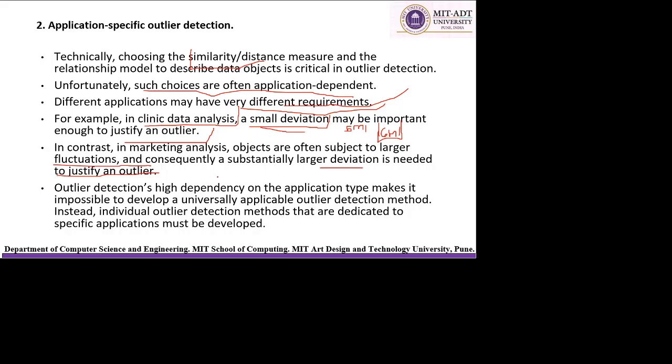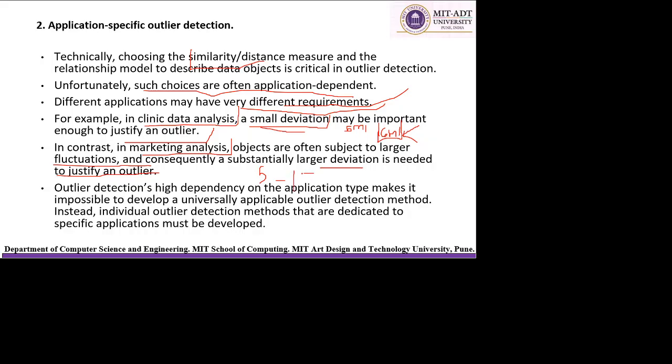So small deviations will not be acceptable. So this is an outlier for this clinical data. But it is not the same case in marketing analysis. In that case, you may have from 5 to 15 deviations allowed.